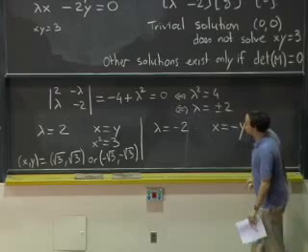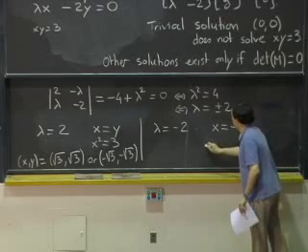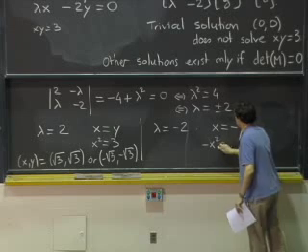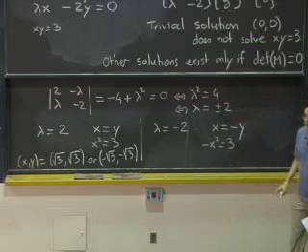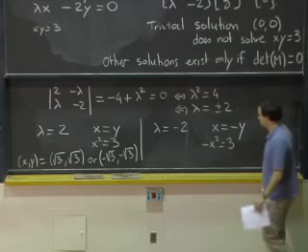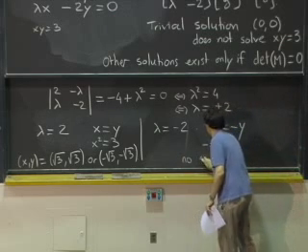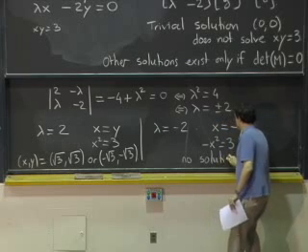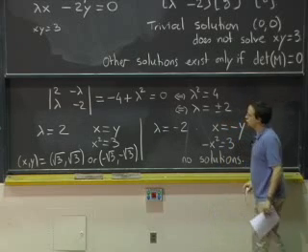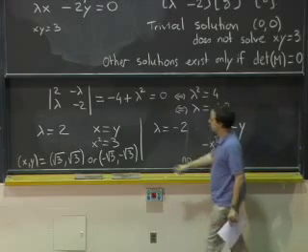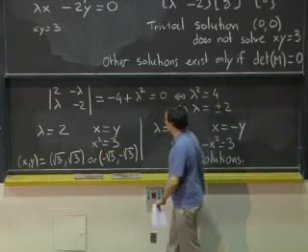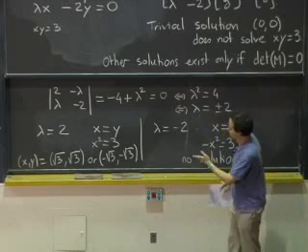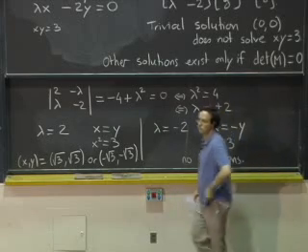And xy equals 3 becomes negative x squared equals 3. Can we solve that? No. So there are no solutions here. So now we have two candidate points: root 3, root 3, and negative root 3, negative root 3.